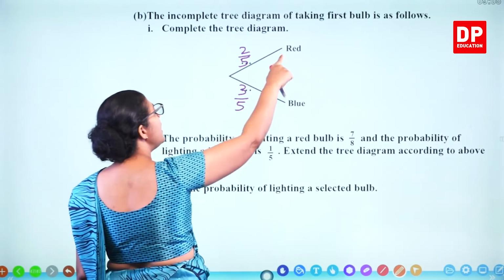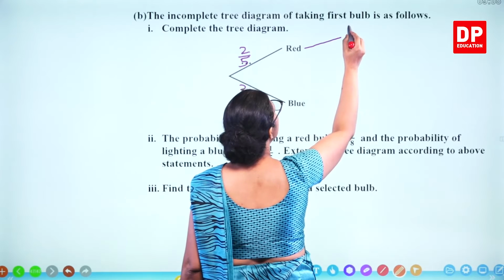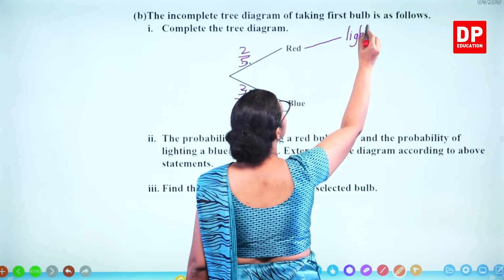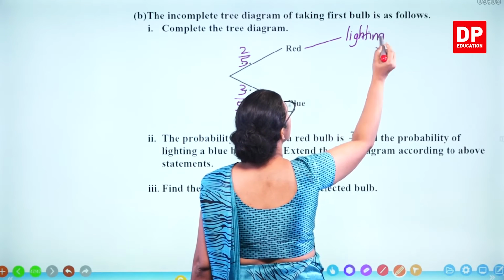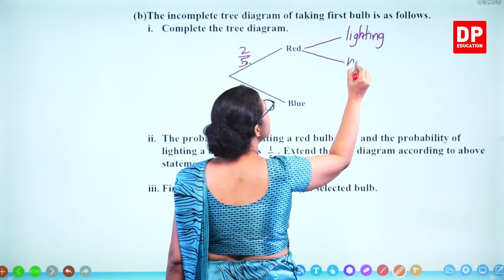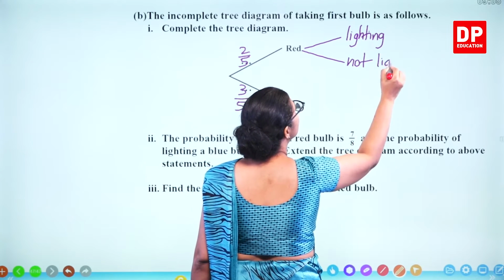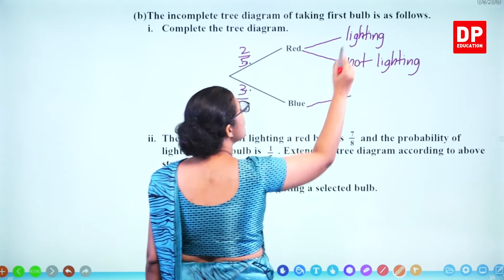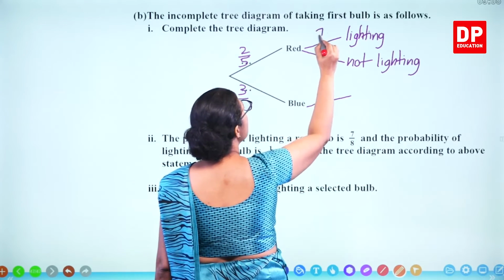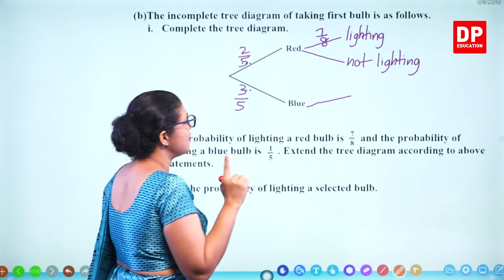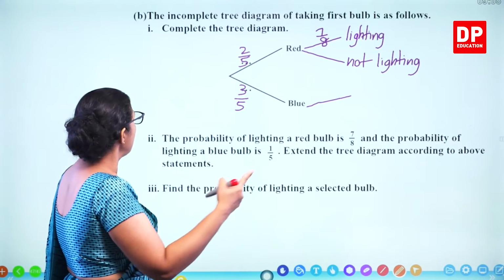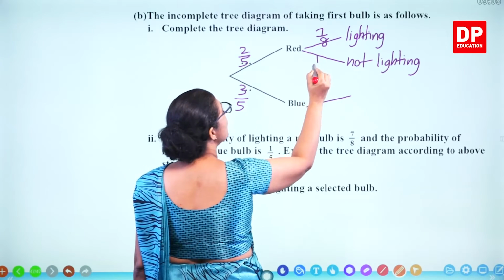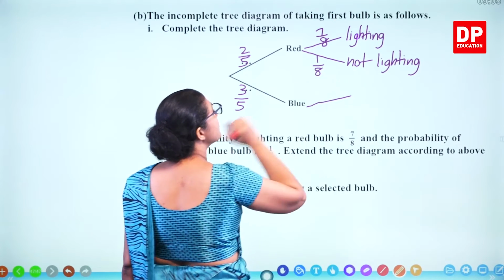So if it's red, lighting and not lighting. What's the probability? 7 over 8 if it's lighting. Then not lighting becomes 1 over 8.